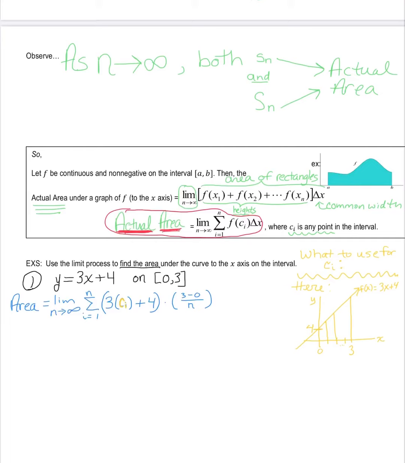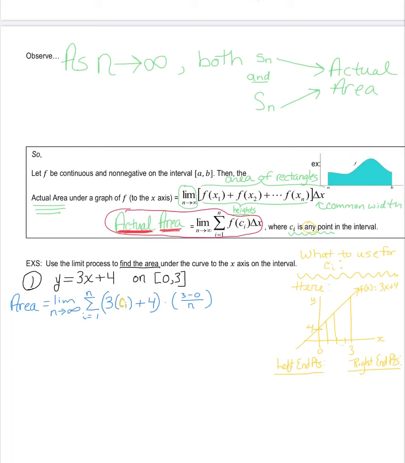We want to talk about the two classics that we've used so far: we've looked at representation with the left endpoints, and we've looked at representation using the right endpoints. We want to think about both of these as viable options because again, c sub I can be any point in the interval, and we just decide which we like the look of better.